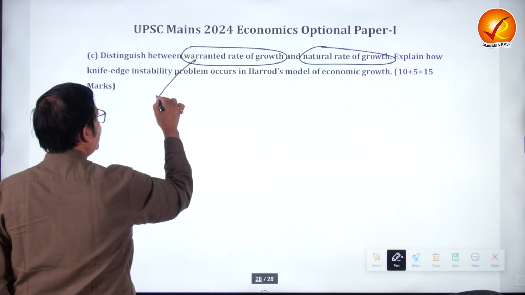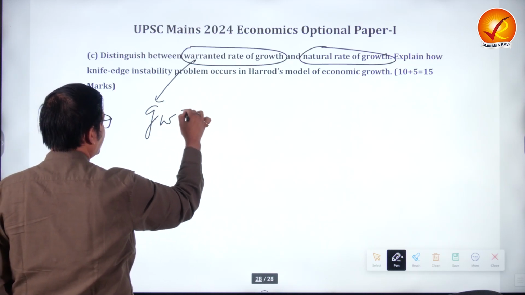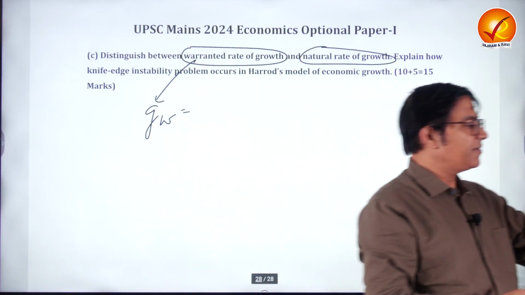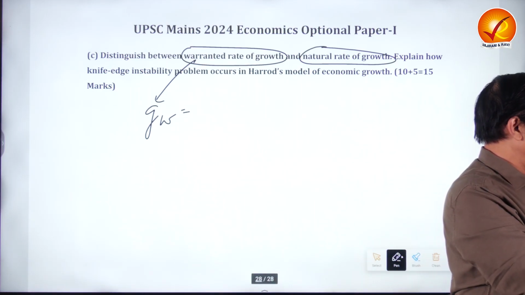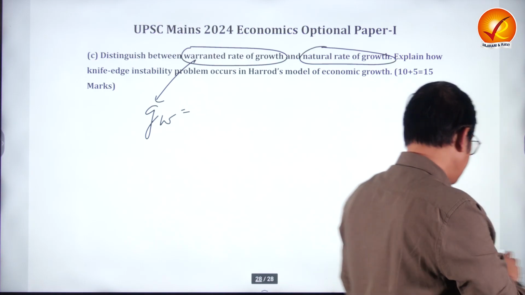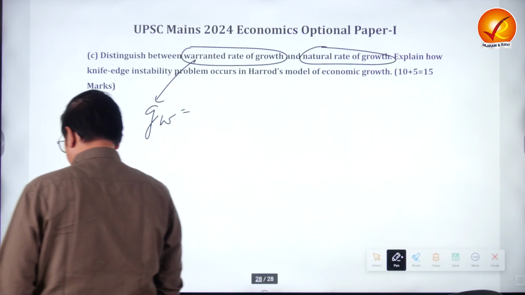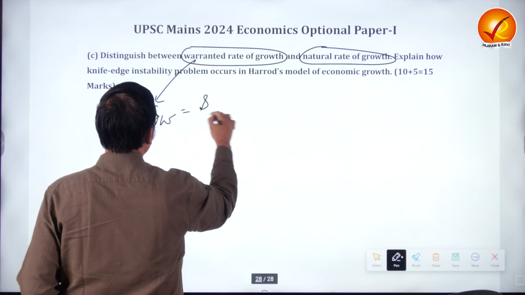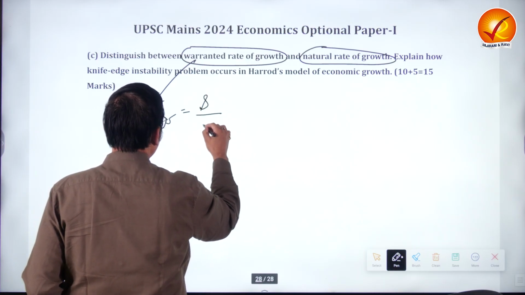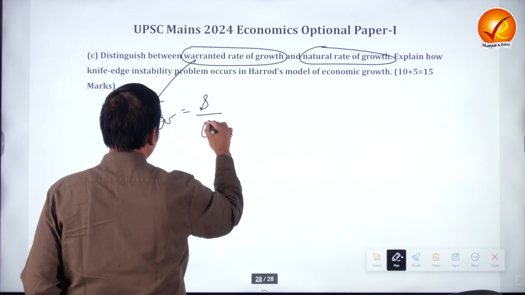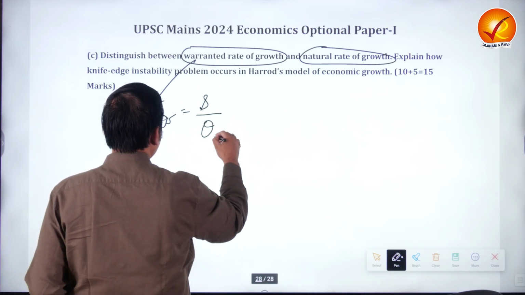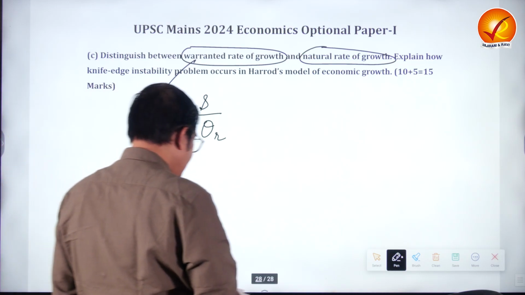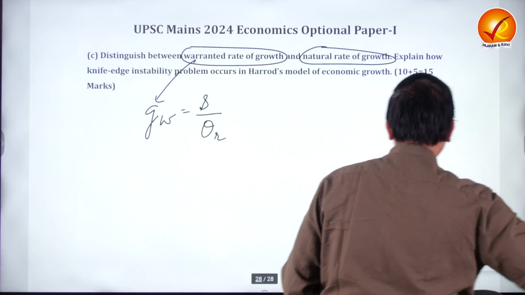In the warranted rate of growth, something like GW, Harrod talks about the ratio of 2 things, which are related to the fact that when we are having certain amount of savings, let's say S, then we divide it by some capital output ratio, let's say theta, and you can also write a subscript R, where it is the required capital to output ratio.